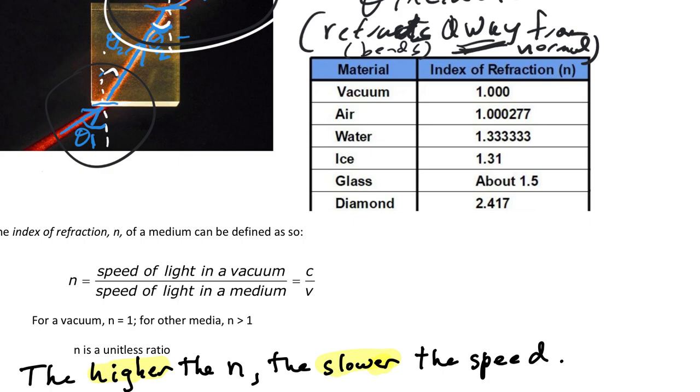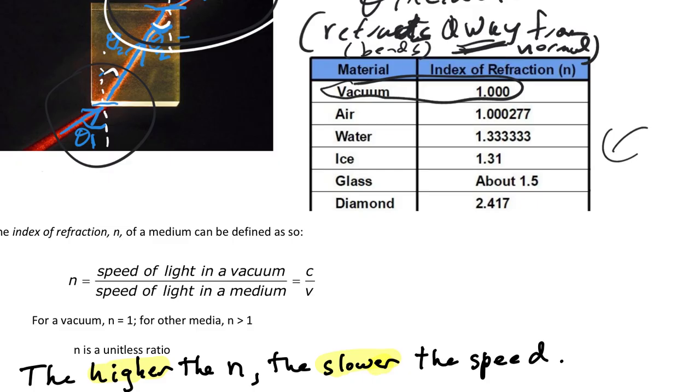So this table right here is showing different kinds of mediums, and each of these mediums either slows down the speed of light to some extent, except vacuums. In a vacuum, there's nothing to slow it down.